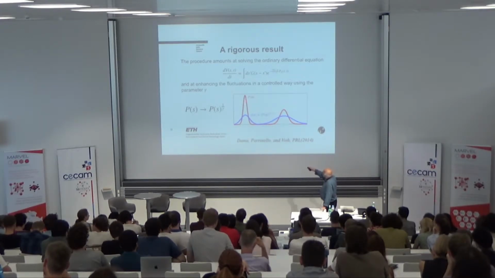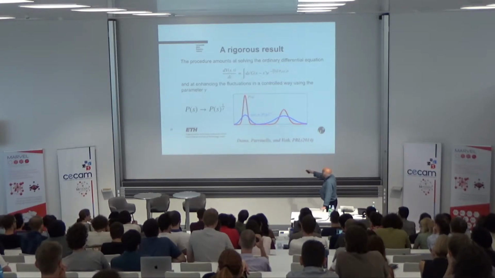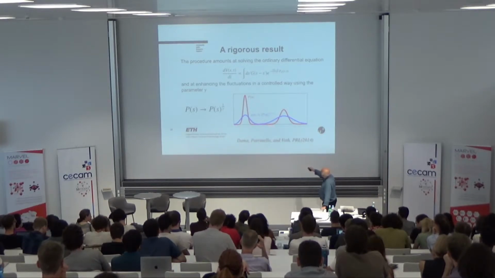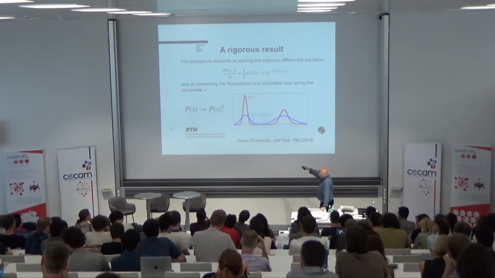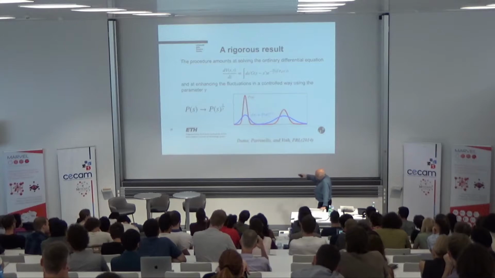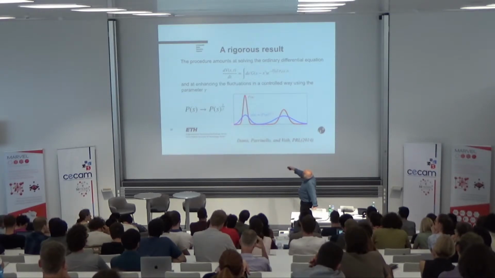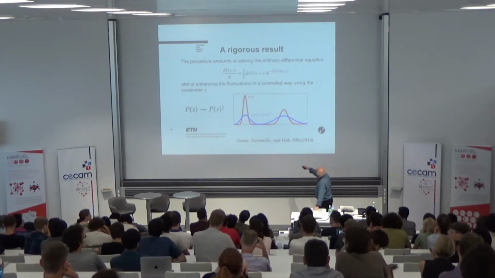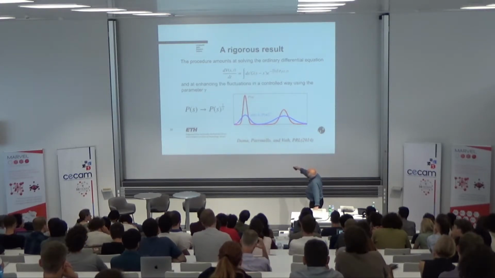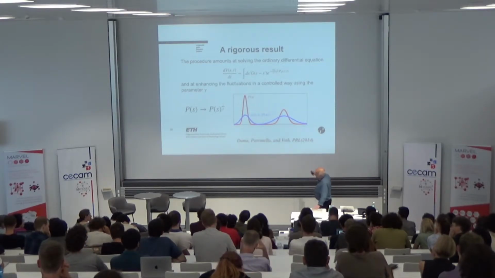So, in other words, the original probability distribution was the red one: a sharp maximum here, another maximum here, and something where the probability is very low, so the system cannot really explore this part and remains stuck either here or there. But when you do metadynamics, you broaden the peak, so you go from the red distribution to the blue distribution. And so you can go from A to B, explore the distribution, and look at rare events.